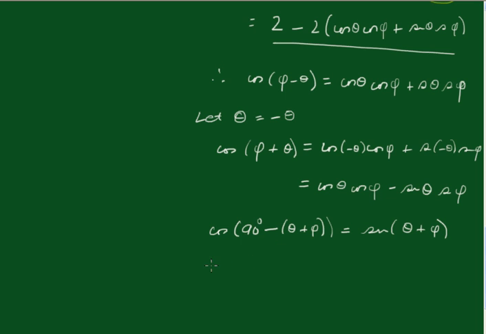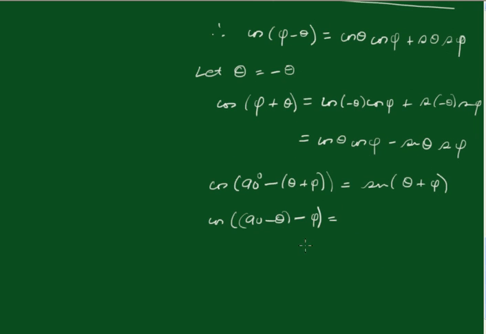Rearranging this, the cos of 90 minus theta minus phi, using the difference one, is going to be the cos of 90 minus theta cos phi plus the sine of 90 minus theta sine phi.